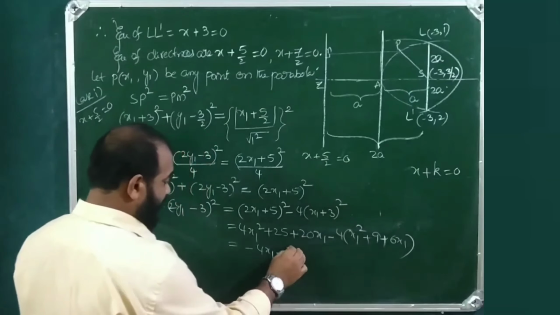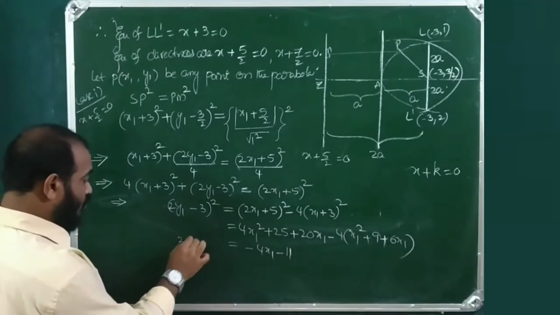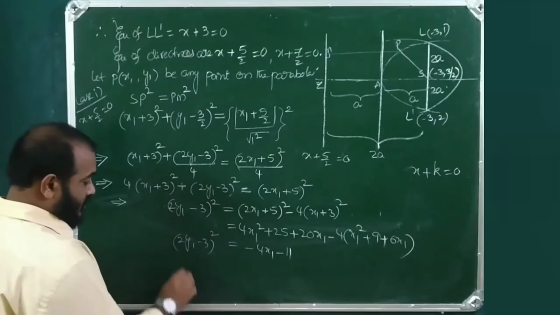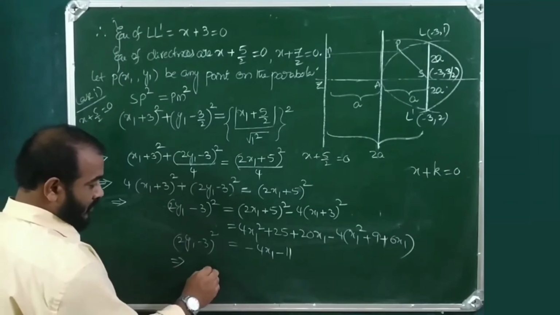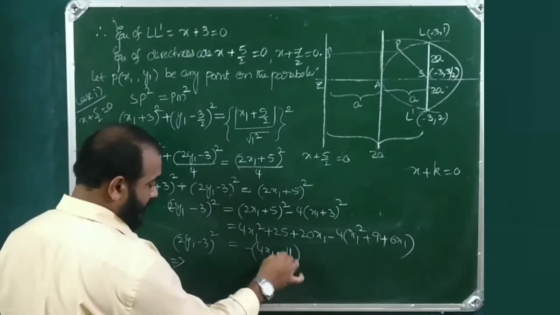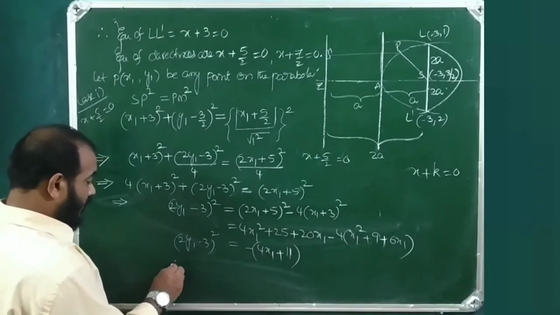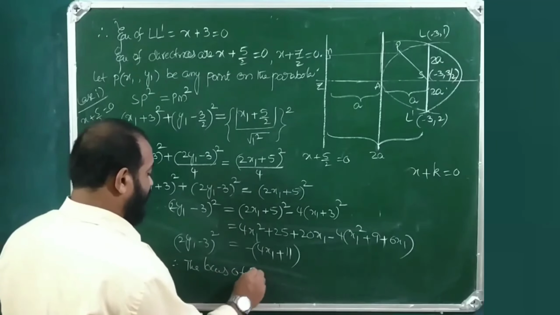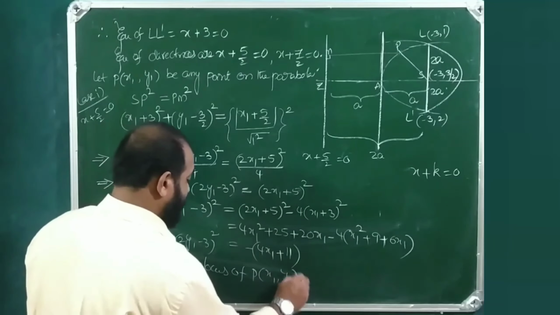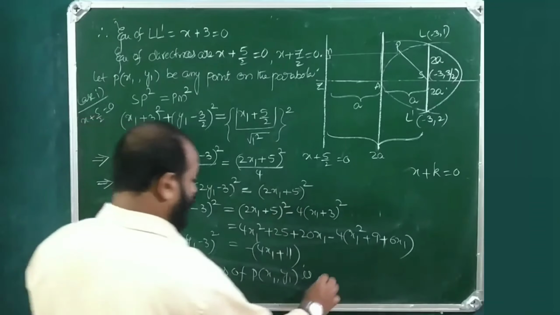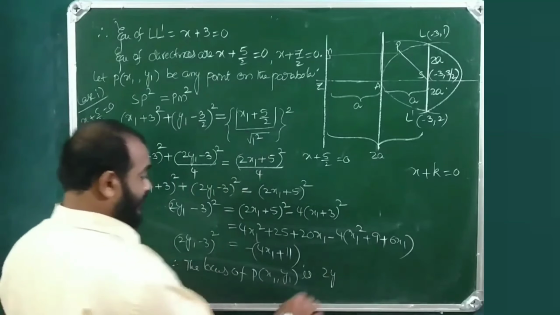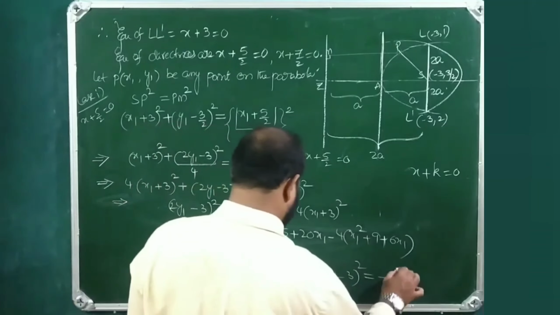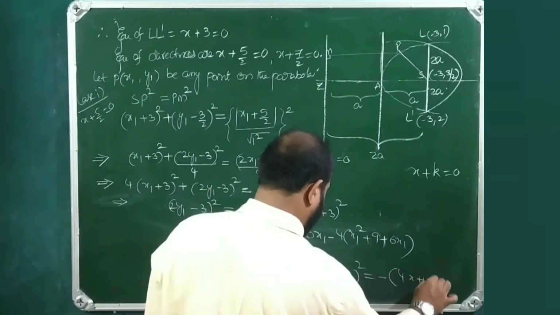So minus 11 is equal to... so (2y1 minus 3) whole square is equal to minus 4x1 minus 11. Taking minus as common, therefore the locus of P(x1, y1) is (2y minus 3) whole square equals minus of (4x plus 11).